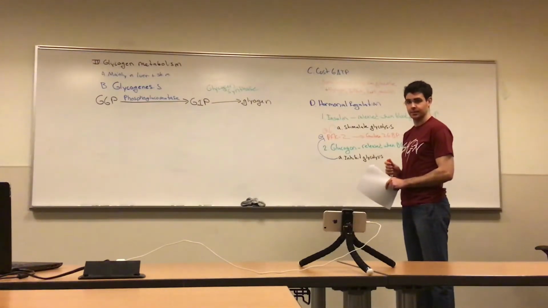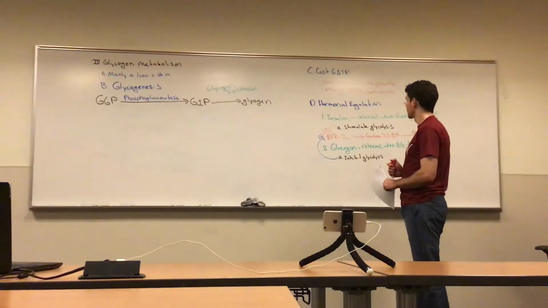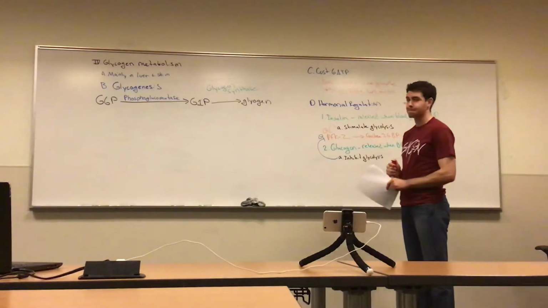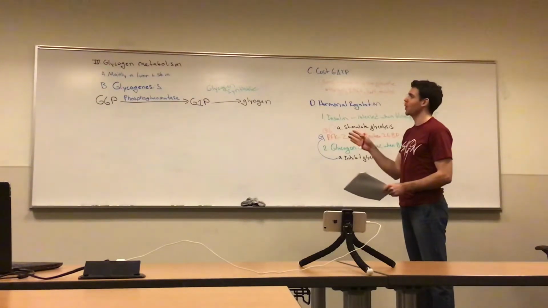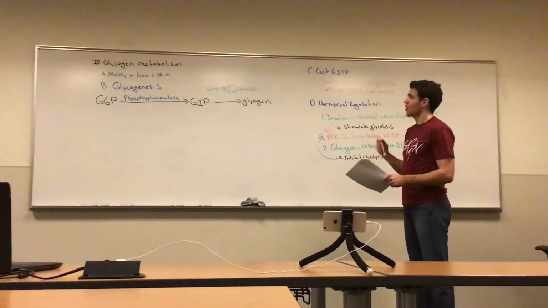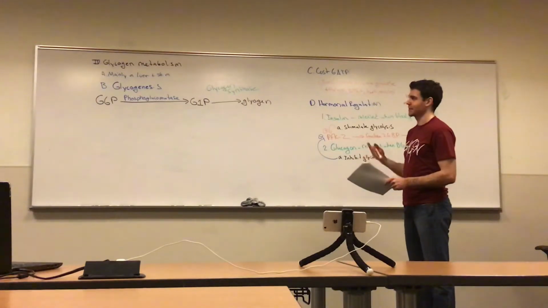So insulin's going to be the negative allosteric regulator, right? No, I think it's positive. Just tell me what makes sense to you. Think big picture here. When would we want to add to glycogen?